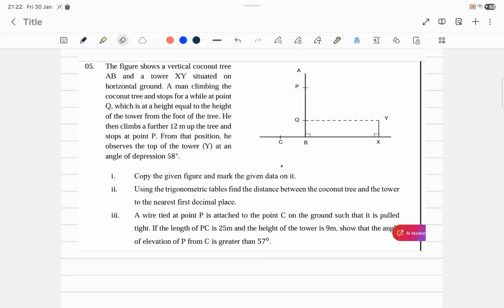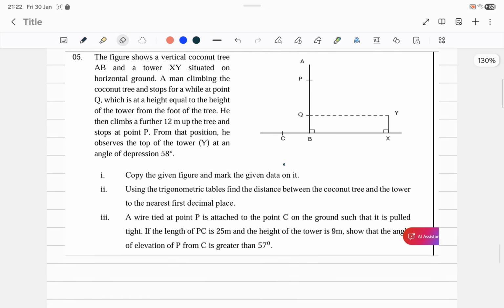The figure shows a vertical coconut tree AB and a tower XY situated on horizontal ground. A man climbing the coconut tree stops for a while at point Q, which is at height equal to the height of the tower, which is XY.